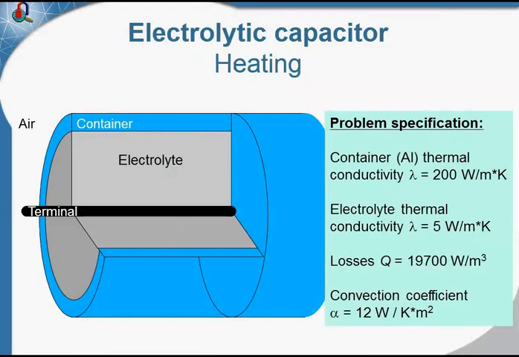So our next case is the temperature calculation in the electrolytic capacitor. The electrolytic capacitor consists of the container, the steel terminal, there is the air outside, and inside there is the mix of electrolyte, the foil, the insulation.